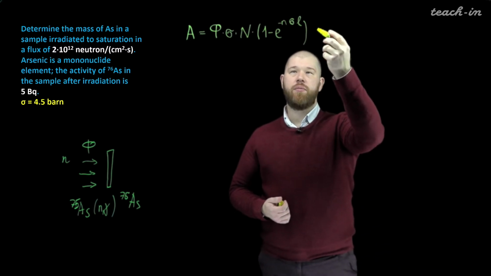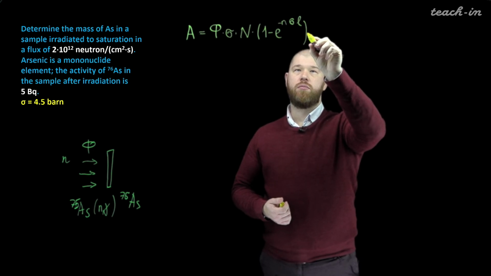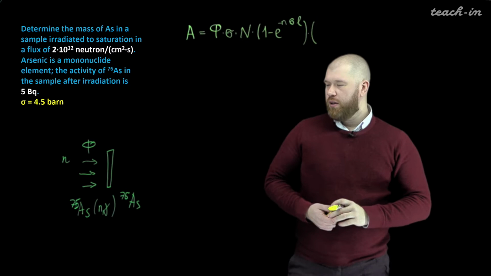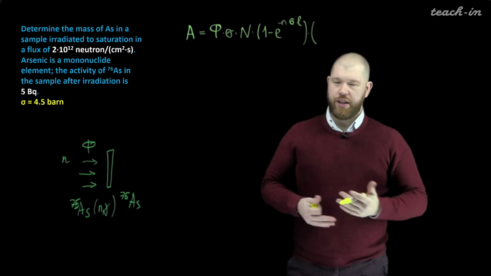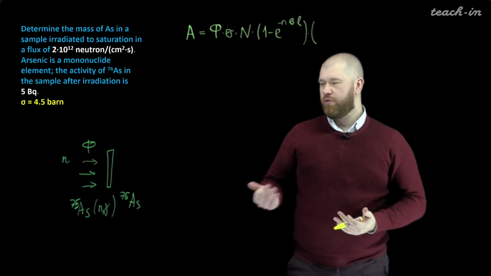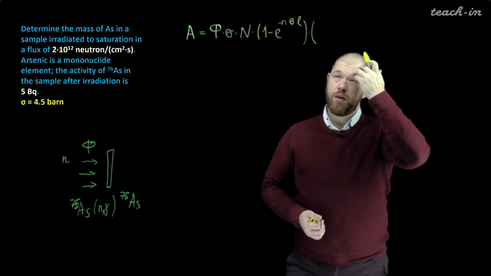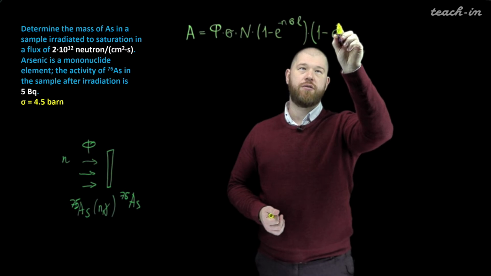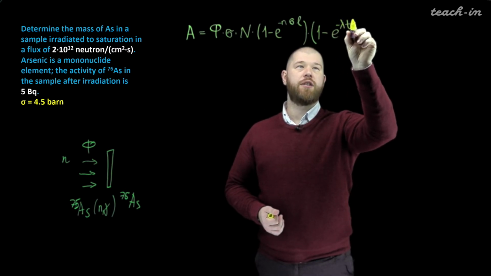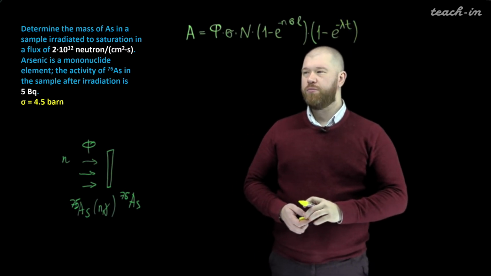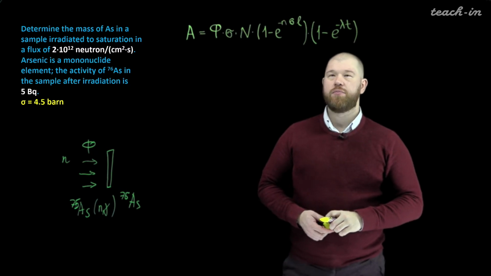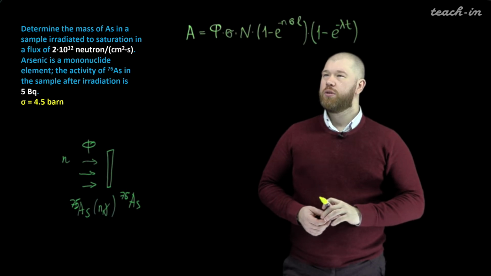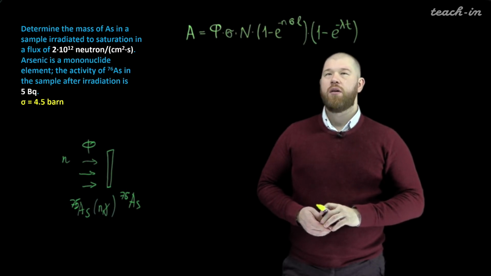And then there is another multiplier that is related to the decay of the radionuclide that is produced. In this case, it is the same expression as we have in the case of secular equilibrium. Okay. And we'll stop at the moment here.